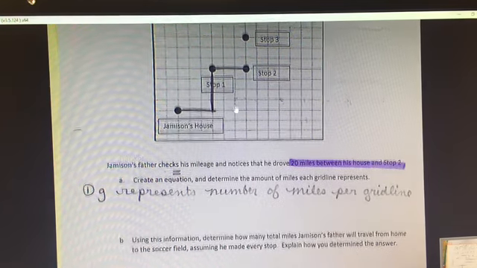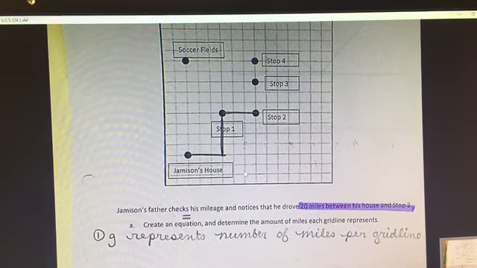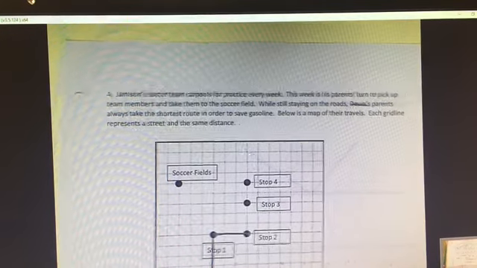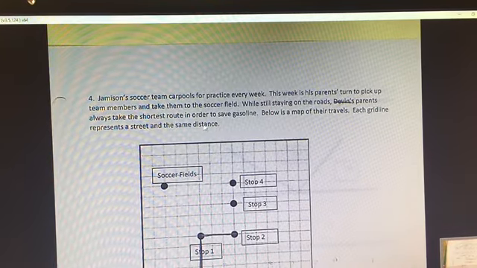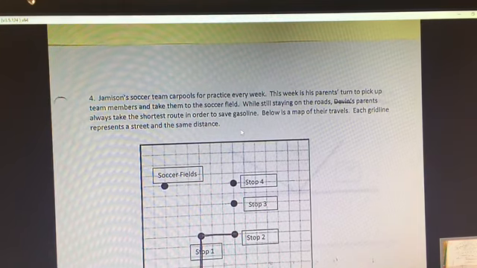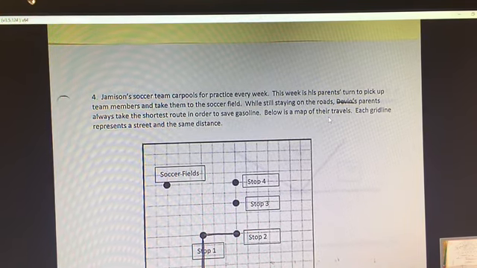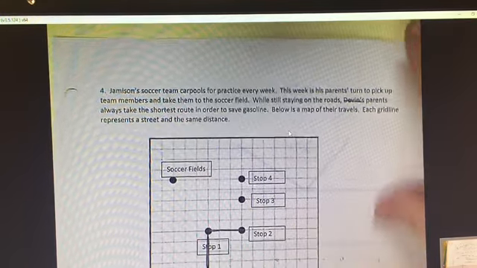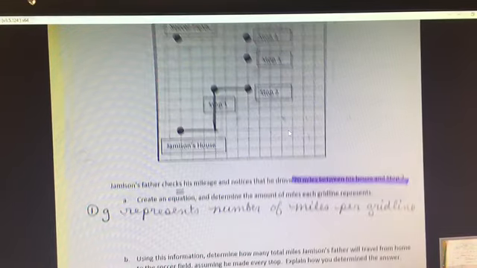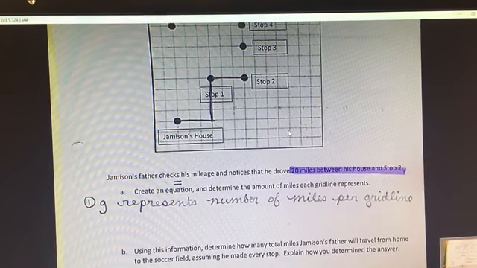So again, we got that from here, okay? Each grid line represents a street and the same distance, and each grid line is the miles. So we're trying to figure out how many miles each one of those lines represents, okay?